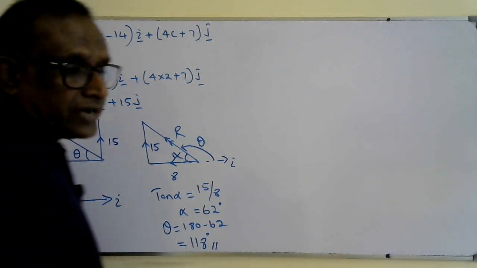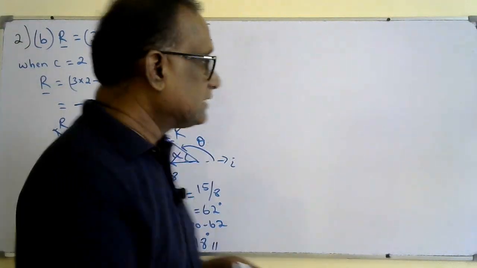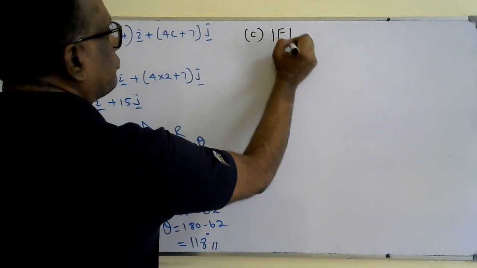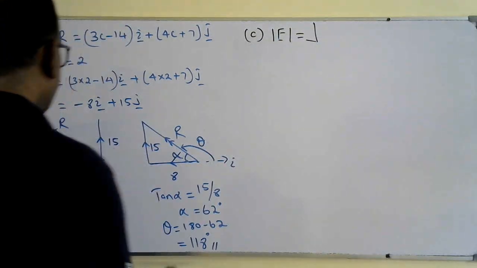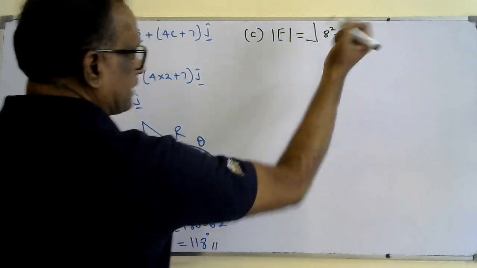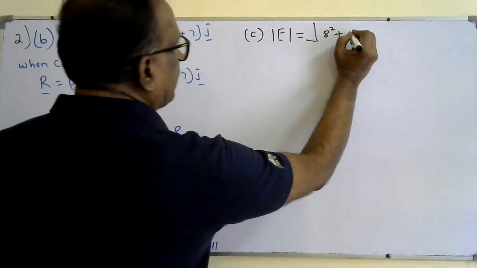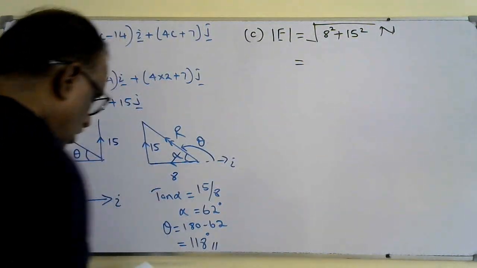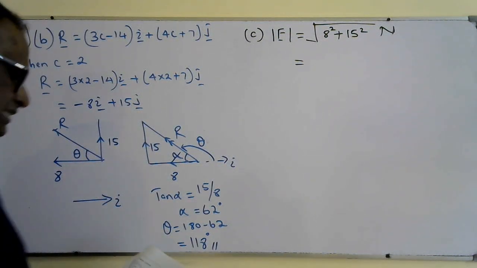We are going to use F equals ma. So we'll find the magnitude of the force. F is equal to the square root of 8 squared plus 15 squared newtons. 8 squared is not a problem because it becomes positive. Solve it and the resultant force you will get is 17 newtons.